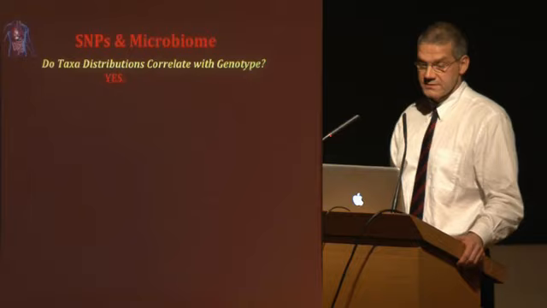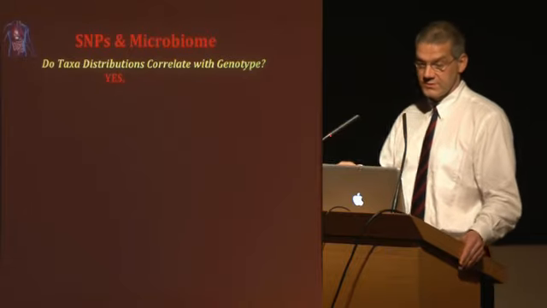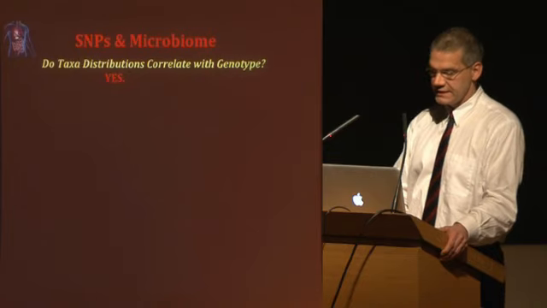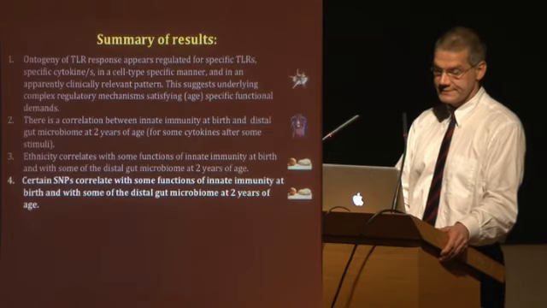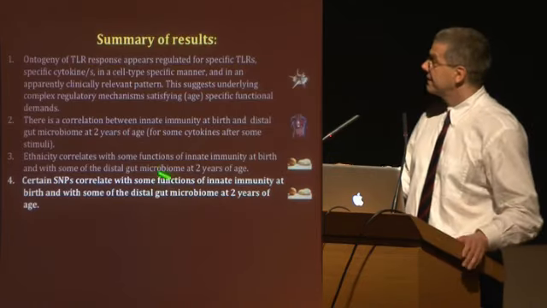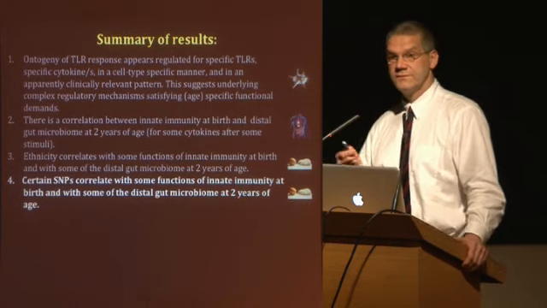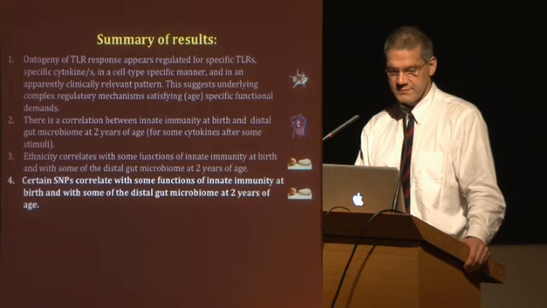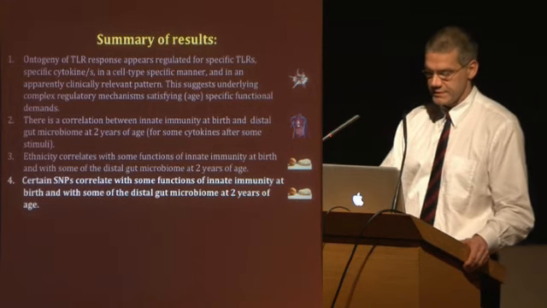So with this, the answer, do taxa distributions, or microbiome composition, correlate with specific genotypes and innate immune function? The answer is yes. But again, that's true for some of the microbial compositions, not for all of them, and only for some of the cytokines that we measured.